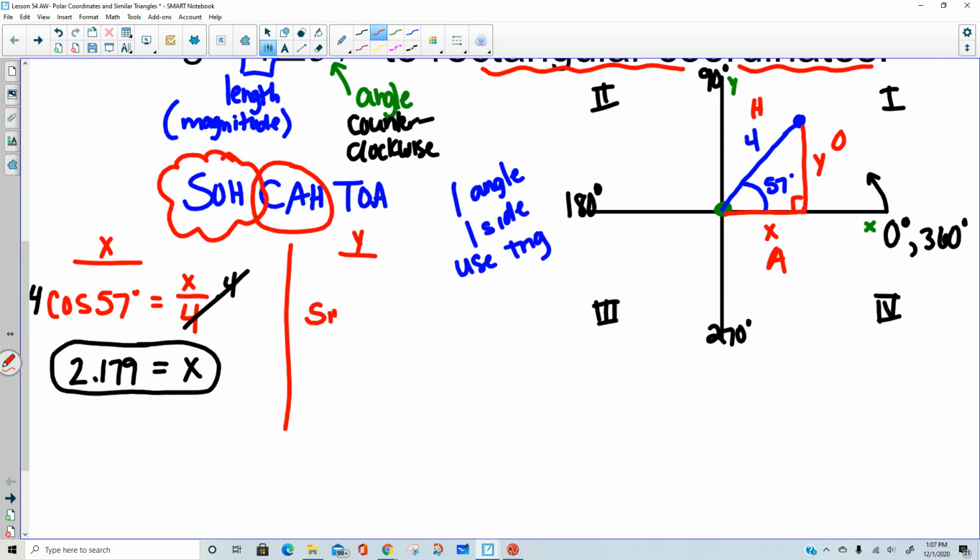So I know the sine of 57 degrees is the opposite y over the hypotenuse 4. Continue to isolate y by multiplying 4 to each side. And we'll use our calculator, and we get 3.355.